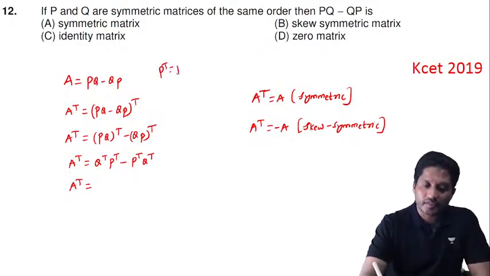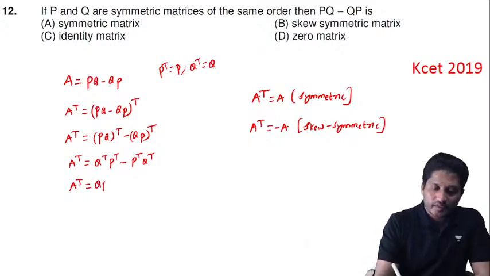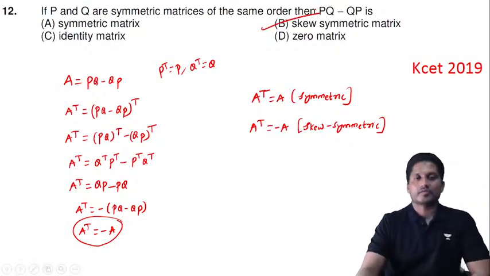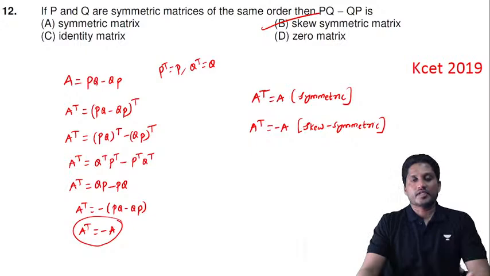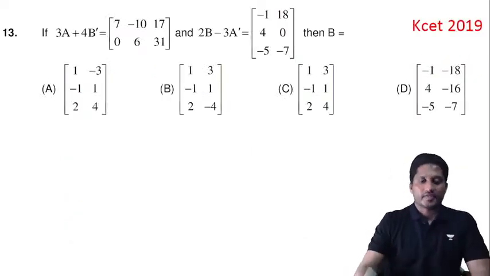P transpose is P and Q transpose is equal to Q. So this is QP minus PQ. If I take minus outside, this is minus of PQ minus QP. So A transpose is equal to minus A, which should be skew symmetric, negative of its own transpose, or it's a standard result. PQ minus QP will be skew symmetric and PQ plus QP will be symmetric if P and Q are symmetric matrices of same order. It's a standard result, guys. Alright, let's move to the next question.